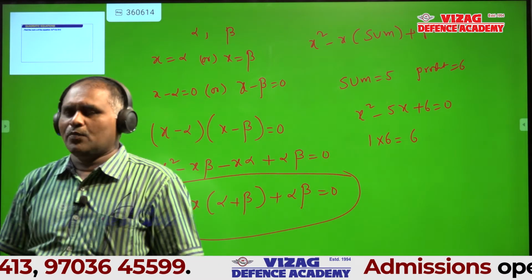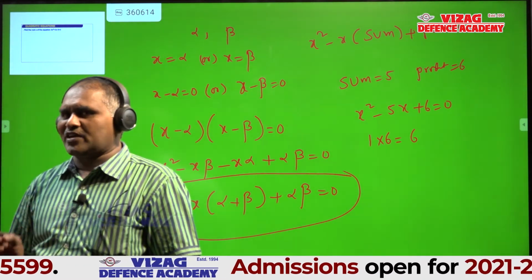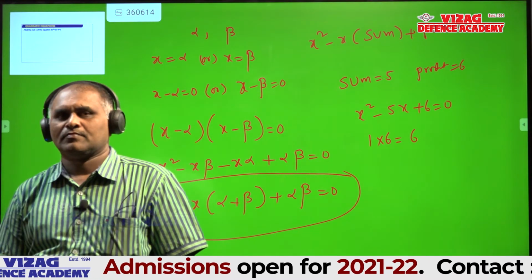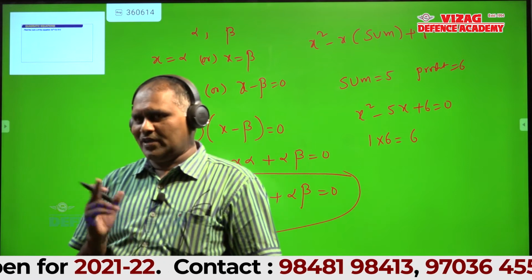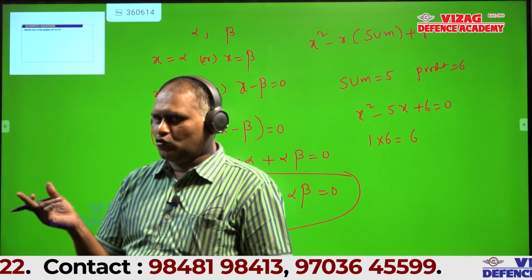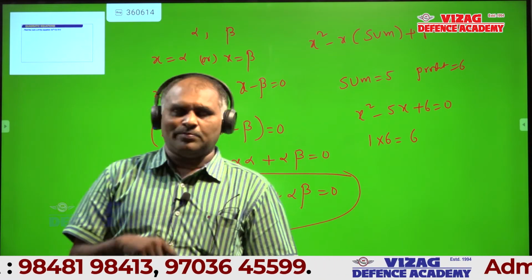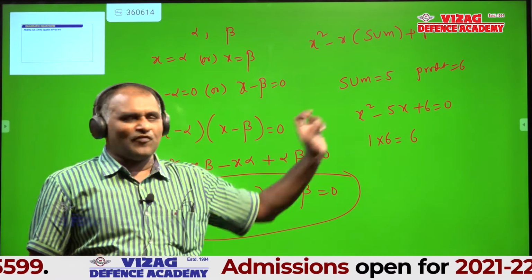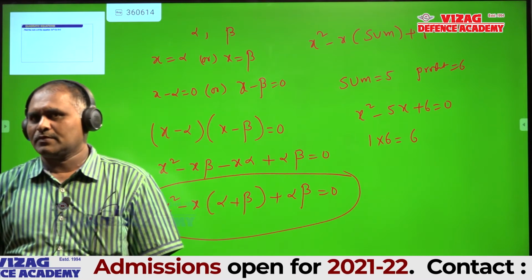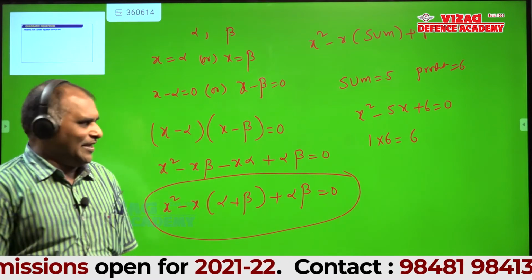What are the factors of 6? 1 and 6 or 3 and 2. Which two values sum is equal to 5? 3 and 2.